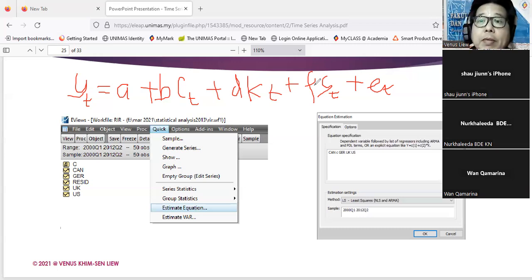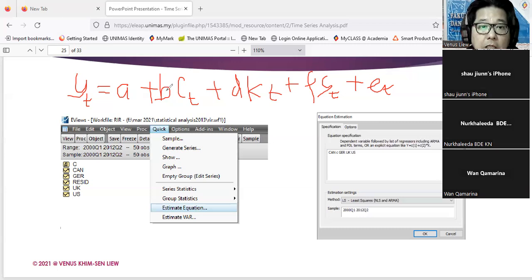They are the numbers that we want to estimate when we do OLS estimation. We are actually estimating the numbers for the symbols. We call them coefficients, the symbol before the name of the series.